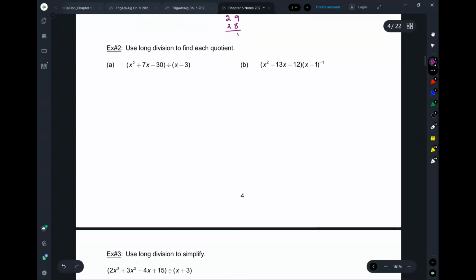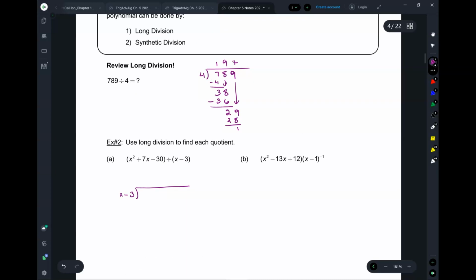We're going to do this long division to find each quotient. So same thing, one divided by the other. This x minus 3, that's like the 4 from before. It's the one that you're dividing by. So 789 divided by 4, right? It's that number. We call that a divisor.